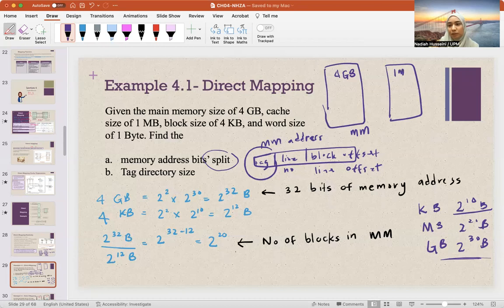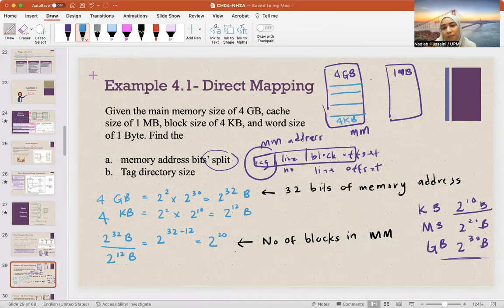My face is blocking this. Okay, 1 megabyte. And I told you just now that your main memory is divided into blocks. So we have a lot of blocks. We don't know what the size of each block is yet. Oh, we do. It's in the question. The block size is 4 kilobyte.